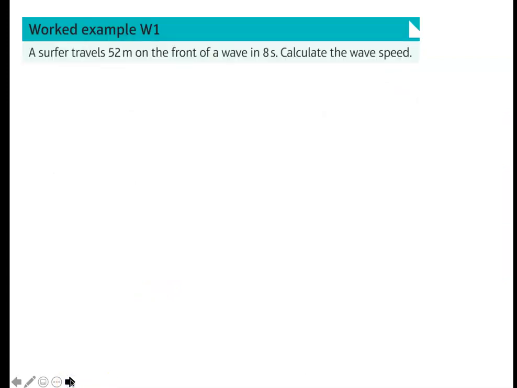Okay, let's look at an example. A surfer travels 52 meters on the front of a wave in 8 seconds. How do we calculate wave speed? Identify what you know. We know distance and we know time. So recall the formula.